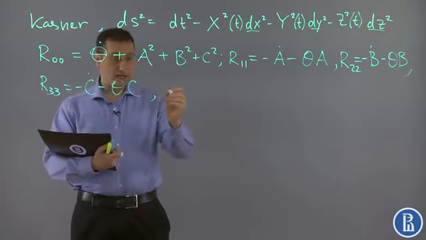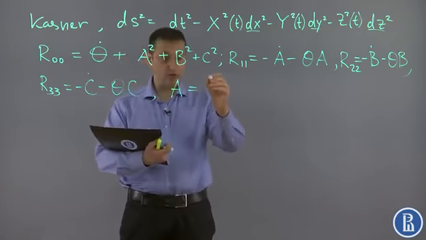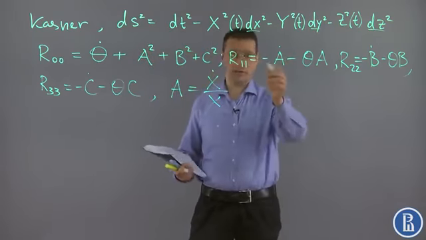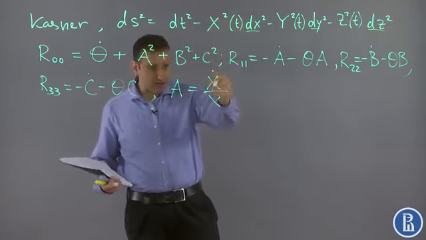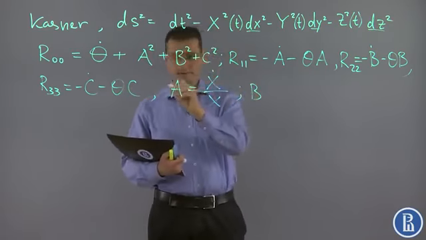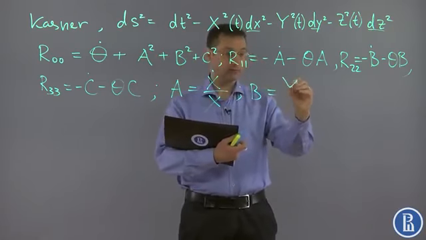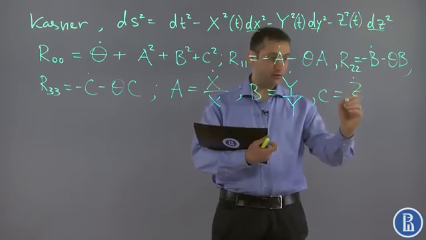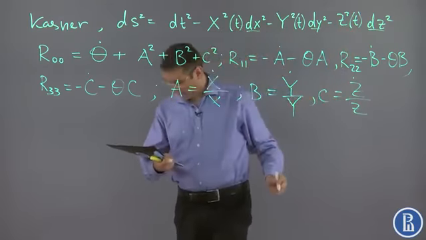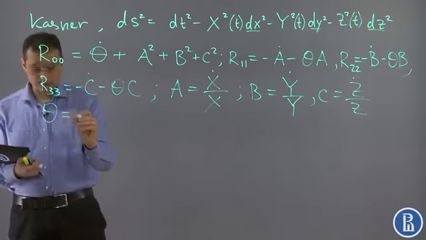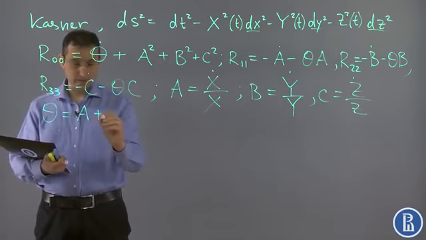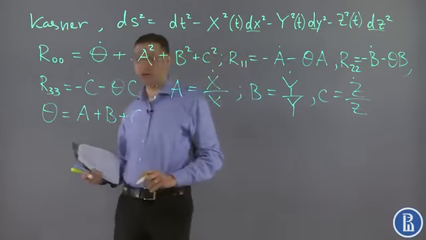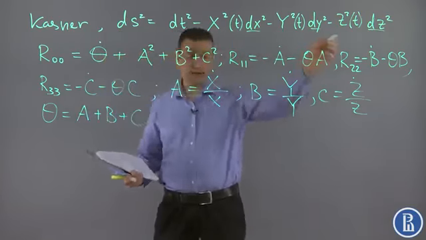And who are a, b and c? a is equal to x dot over x, where dot means differentiation with respect to time. b is y dot over y, and c is z dot over z. And theta, standing here, is actually a plus b plus c. So these are the expressions for the non-trivial components of the Ricci tensor for this metric.